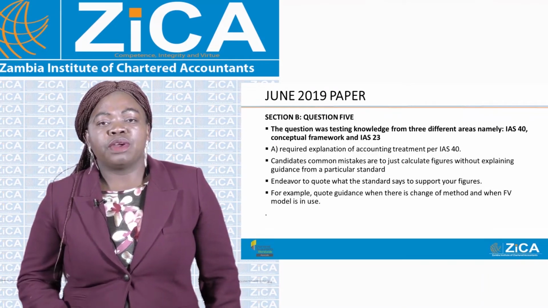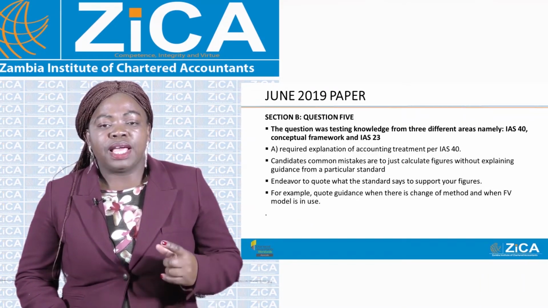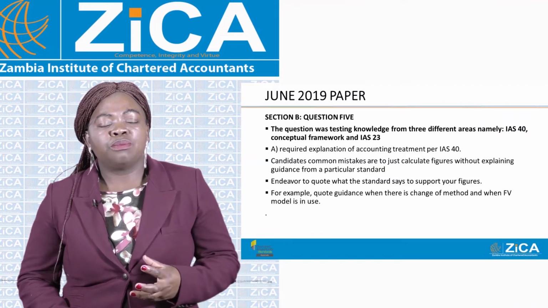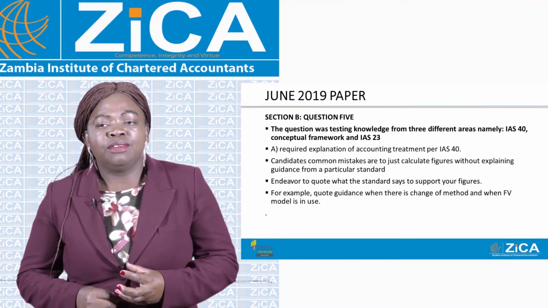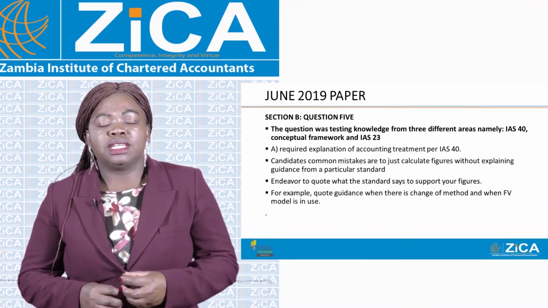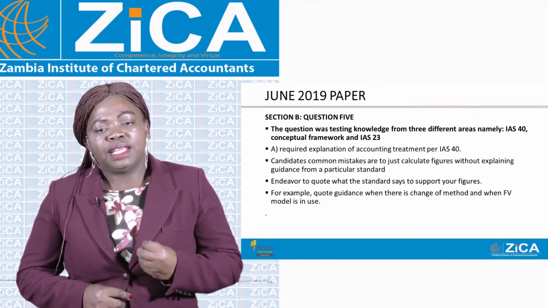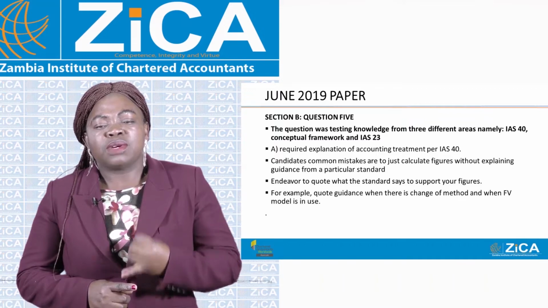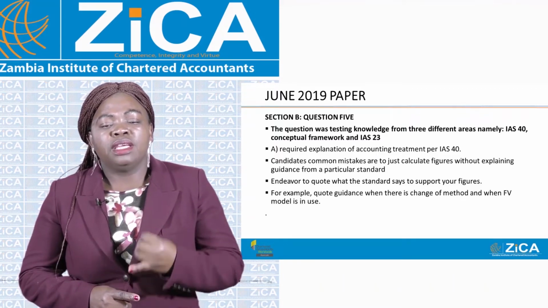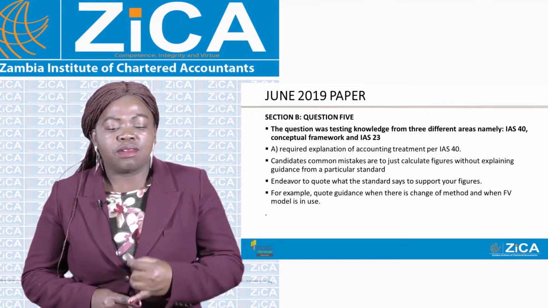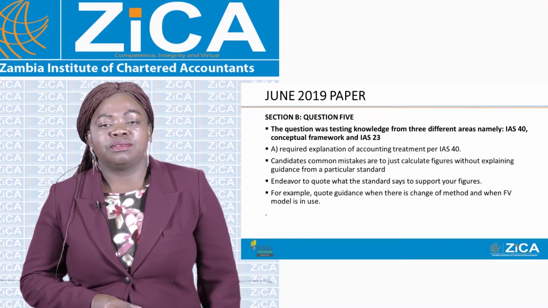On the conceptual framework, in this particular exam, you were required to briefly explain 4 of the qualitative characteristics of financial information. Like I mentioned earlier, if at all you get a question on conceptual framework, it will usually be a very easy question. Very easy.